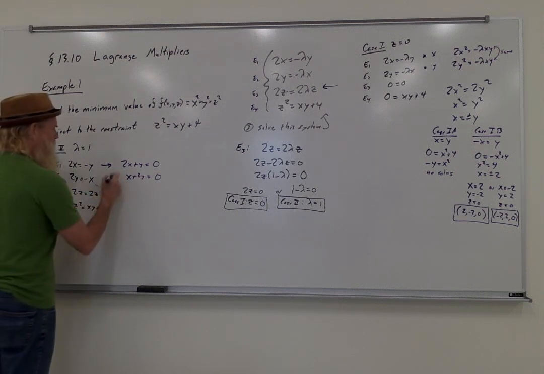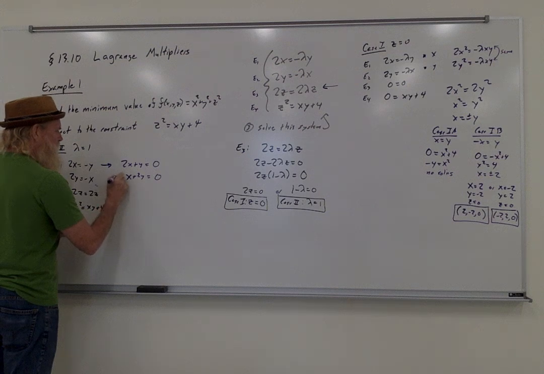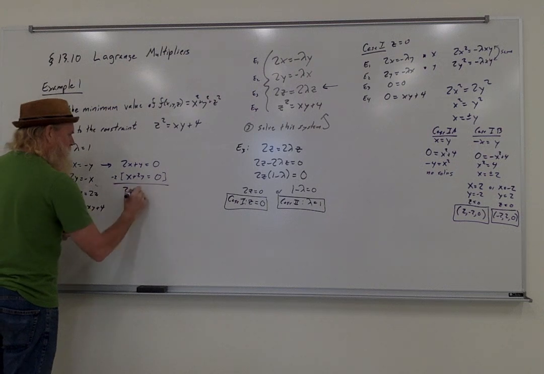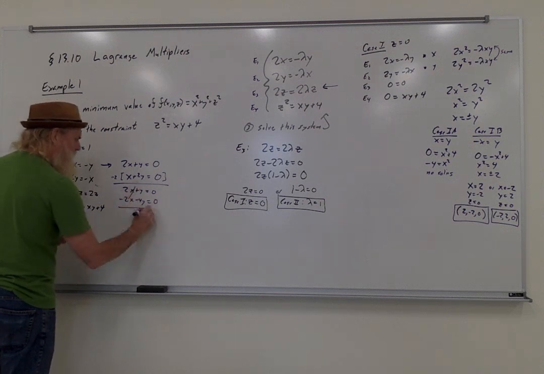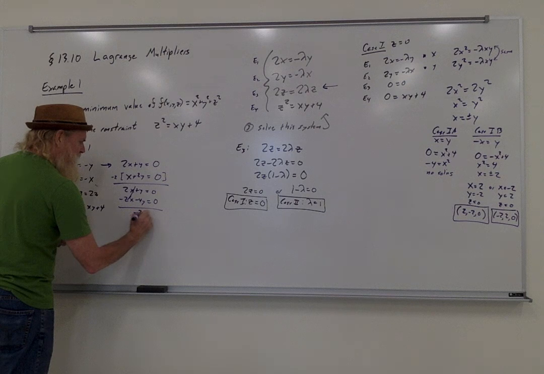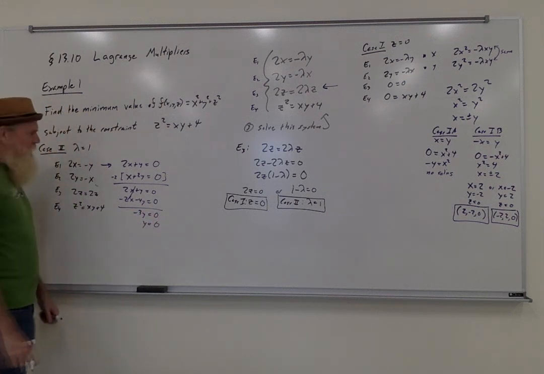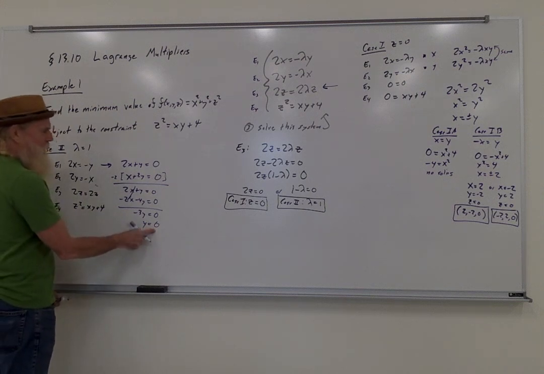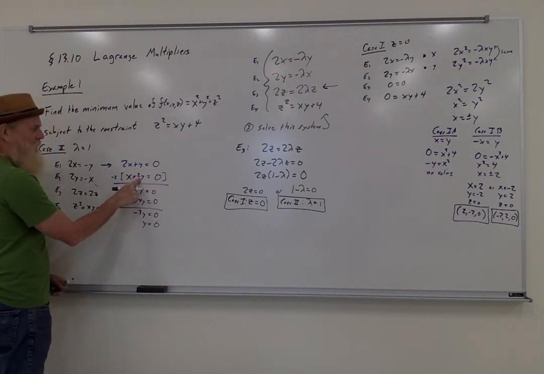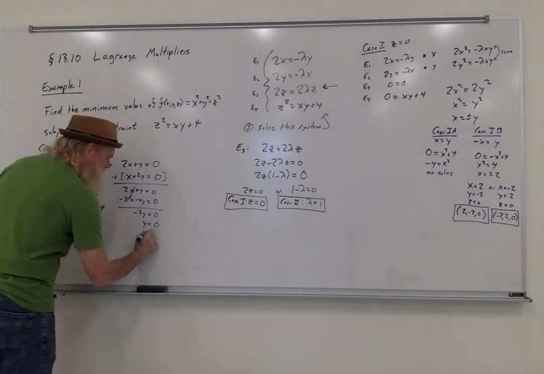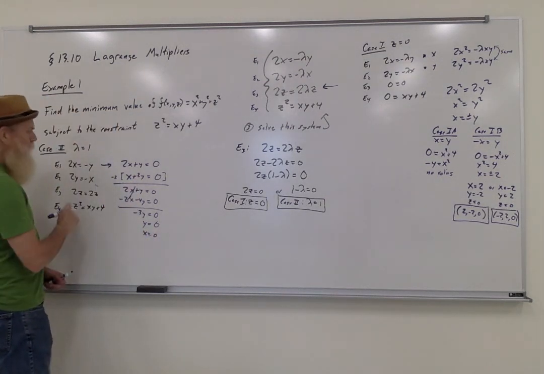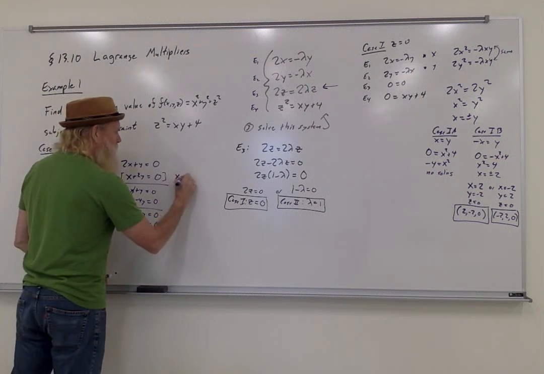For example, if I multiply the second equation by negative 2 and add them, I have 2x plus y equals 0 and negative 2x minus 4y equals 0. Adding, the x's cancel, and I have negative 3y is 0. So that means that y has to equal 0. And then substituting that back into this equation, for example, I get that x equals 0 as well.